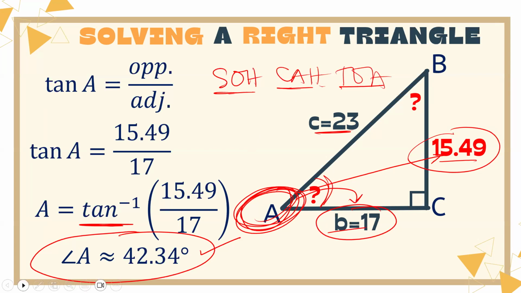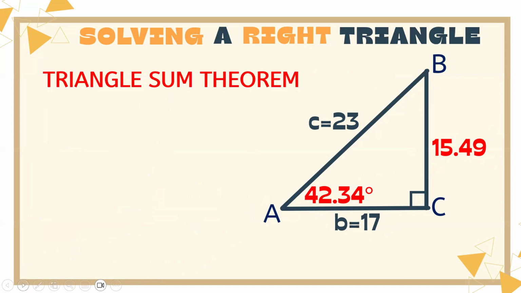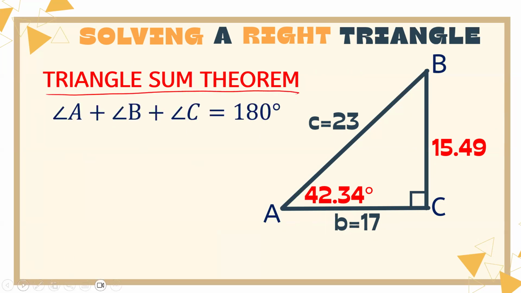I hope that's clear, everyone. So angle A is 42.34 degrees. What about angle B? There's something called the triangle sum theorem. The triangle sum theorem states that the measure of angle A plus angle B and angle C of a triangle is equal to 180 degrees.